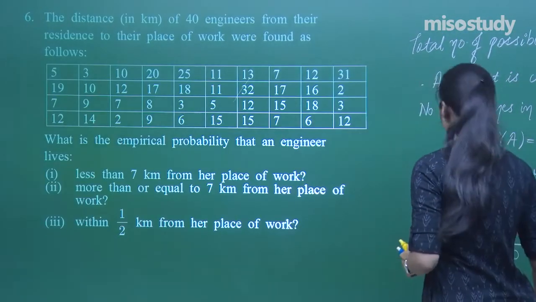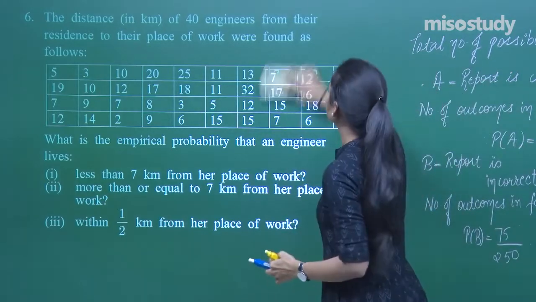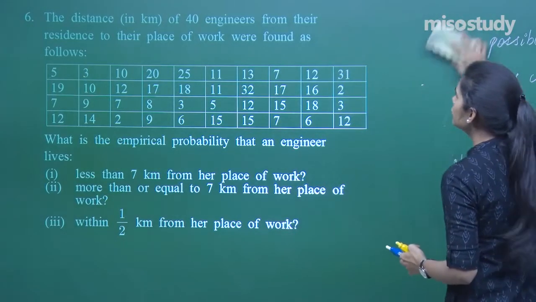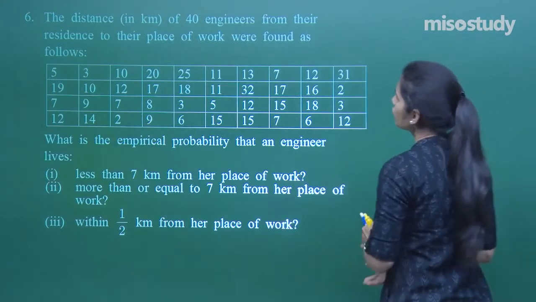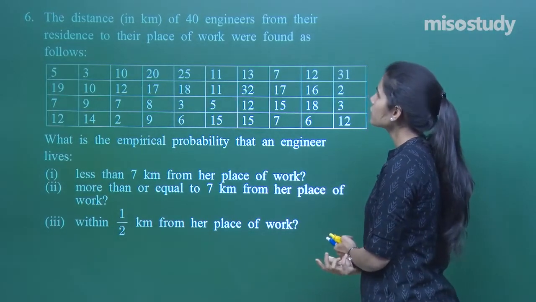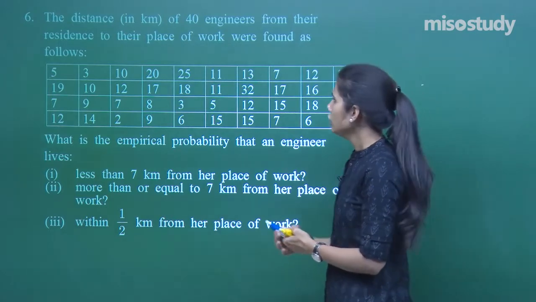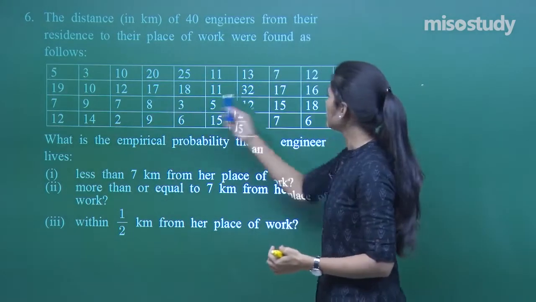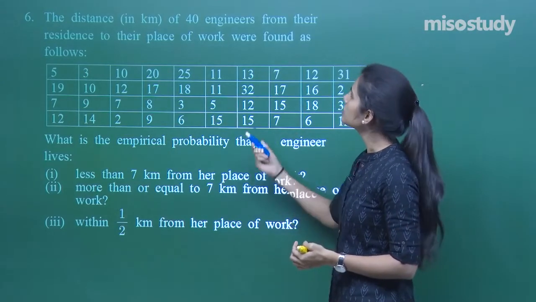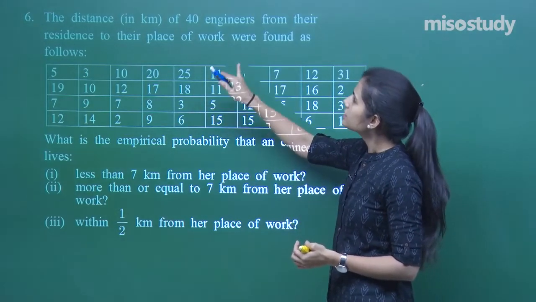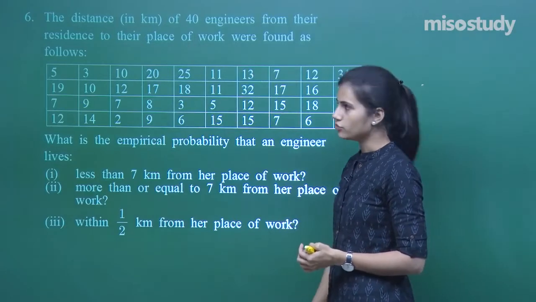The distance of 40 engineers from their residence to the place of work is found to be this. So these are 40 numbers written over here, each representing the distance in kilometers from the residence to the workplace of these 40 engineers.